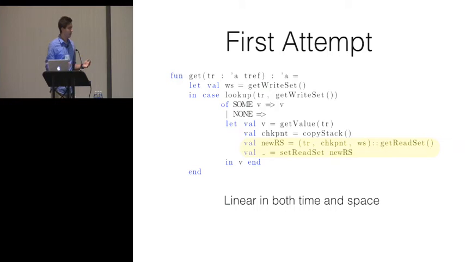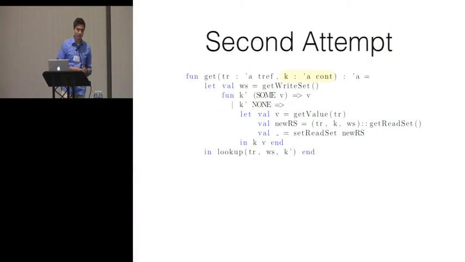Unfortunately, making a copy of the stack has linear complexity in both time and space, so doing this transparently every time you read a TREF is not feasible. Our idea is that since we're in a functional language, we can convert to continuation passing style. Now we have this incoming continuation K, which represents the entire rest of the program.